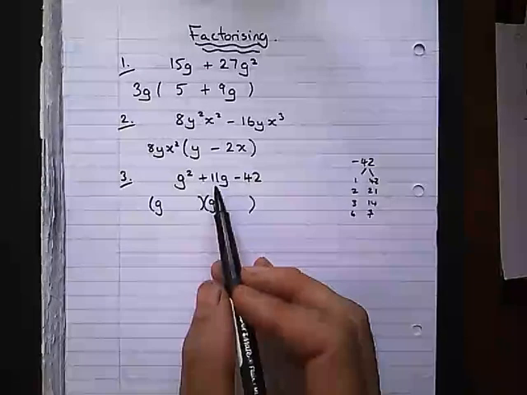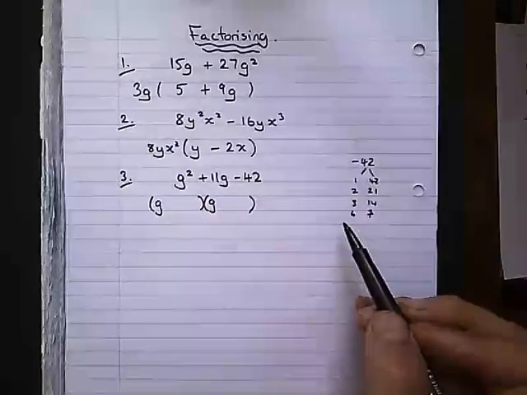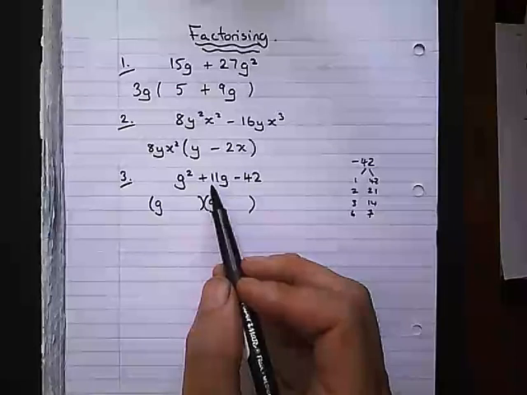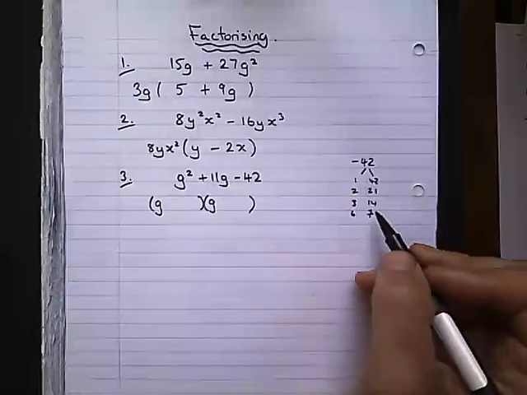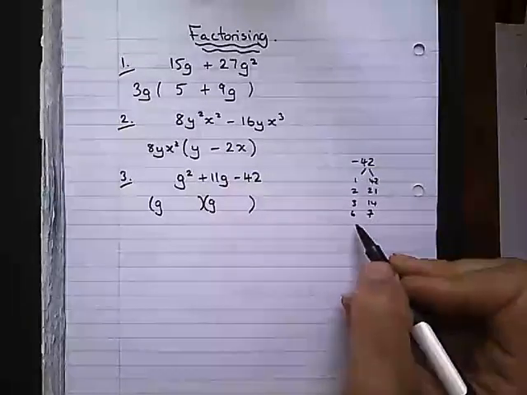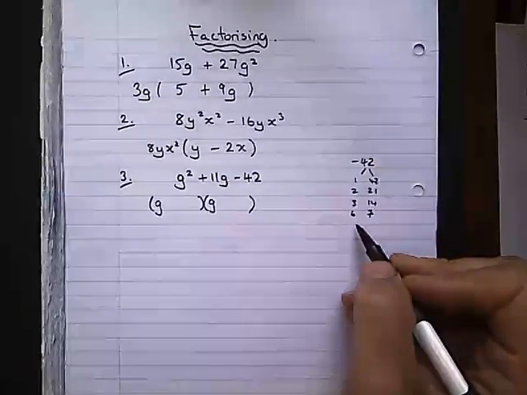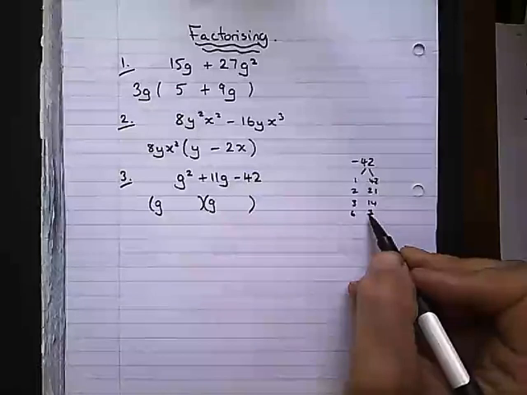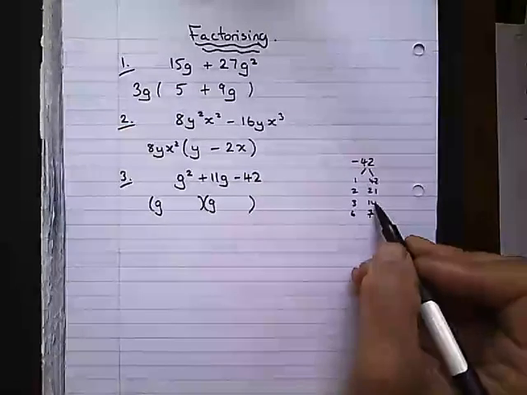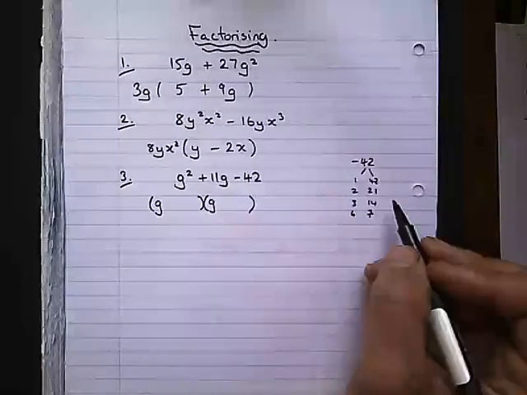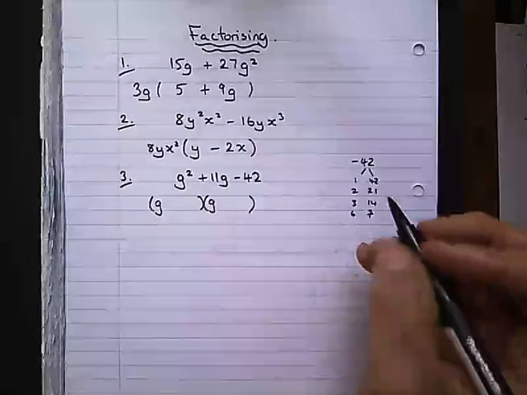So the positive must be bigger. Which of these will add to make plus 11 if the positive one is the bigger one? Plus 7, take away 6, that gets me 1. Plus 14, take away 3, that gets me 11. So those have got to be the numbers.